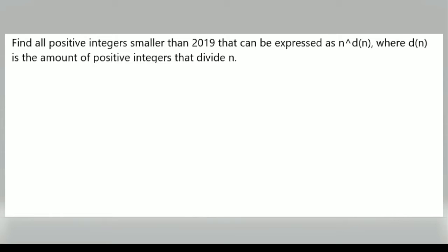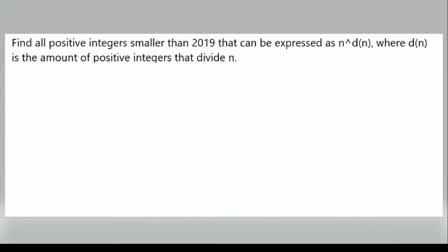So yes, now we go on. What I first thought of was getting the square root of 2019. Why? Because d of n is at least 2 for any n other than 1, since a prime number has 2 divisors.